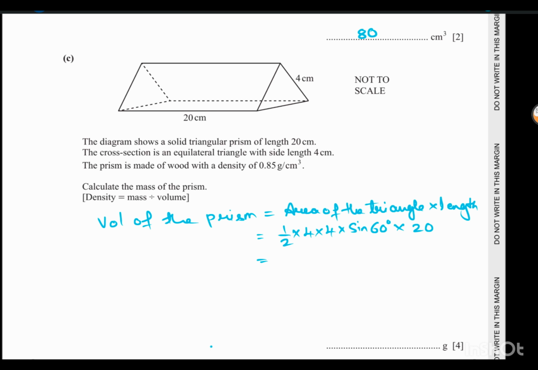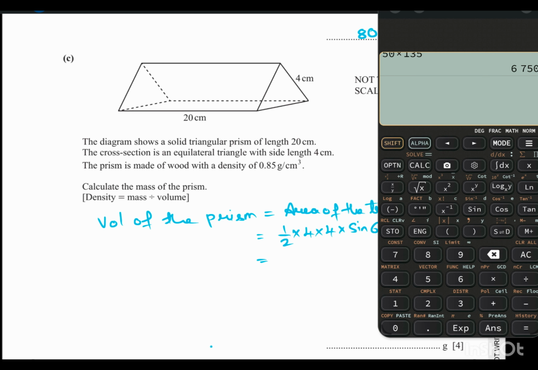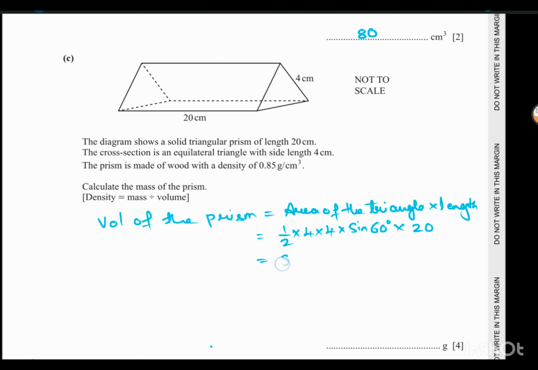Let me just put this in calculator: half into 4 into 4 into sine 60 into 20, 80 root 3. Let us keep it, don't write the point part, let us write it as like this. The volume is centimeter cube.